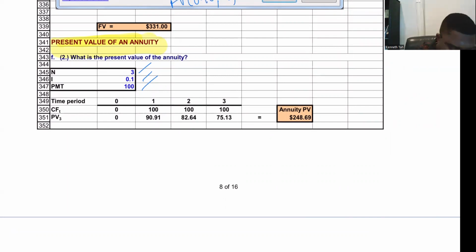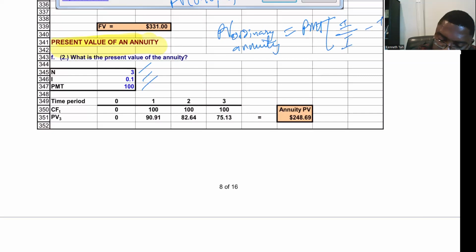If we are using the formula, the present value of an ordinary annuity is going to be the payment times 1 divided by I, the interest rate, minus 1 divided by I times 1 plus I raised to the power n.